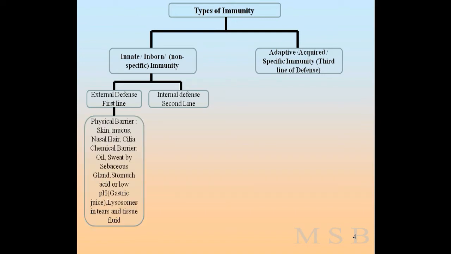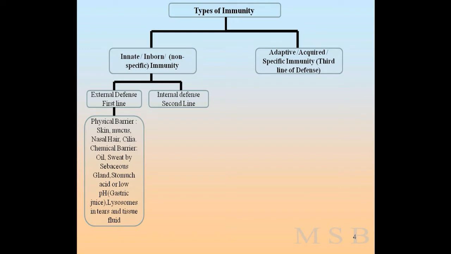External defense includes physical barriers and chemical barriers. Physical barriers include skin, mucus, nasal hairs and cilia, whereas chemical barriers include oil and sweat from the sebaceous glands, stomach acid or low pH, and lysosomes in tears and tissue fluids.